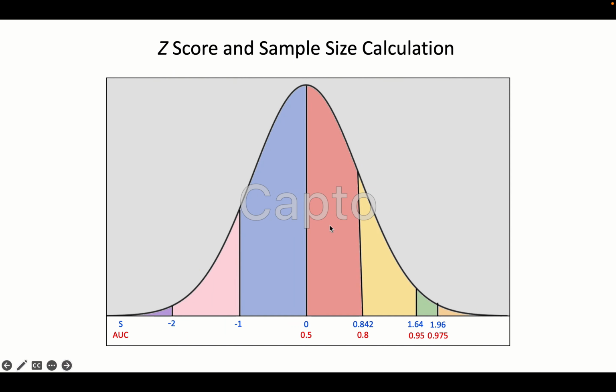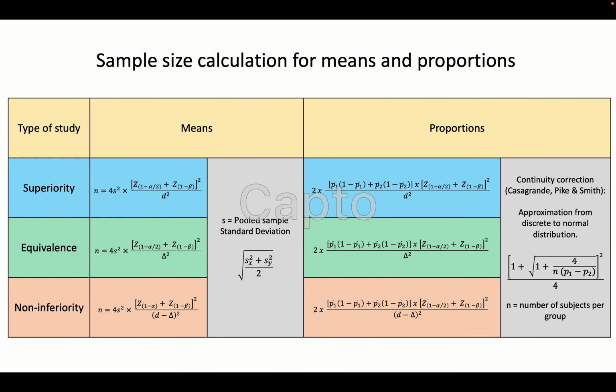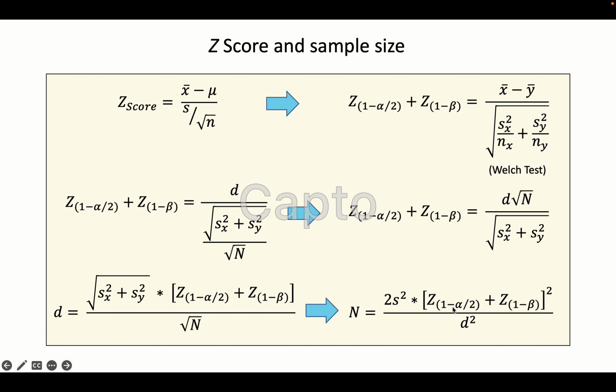So that means that if you wanted to conduct a clinical trial with 5% alpha critical value and with 80% statistical power, which means 20% beta value, 0.2 beta value, you will need the z-score for 1 minus alpha over 2, which is exactly 1.96, plus the z-score for 1 minus beta, which is exactly 0.8416, right?